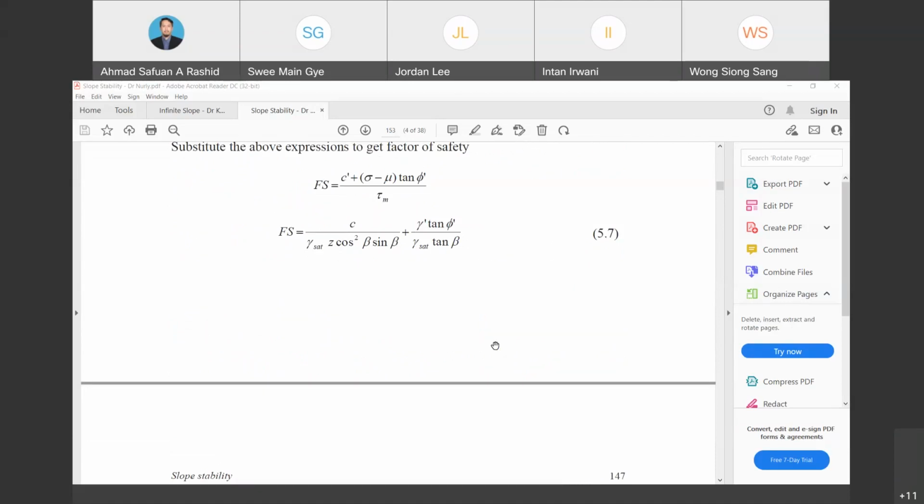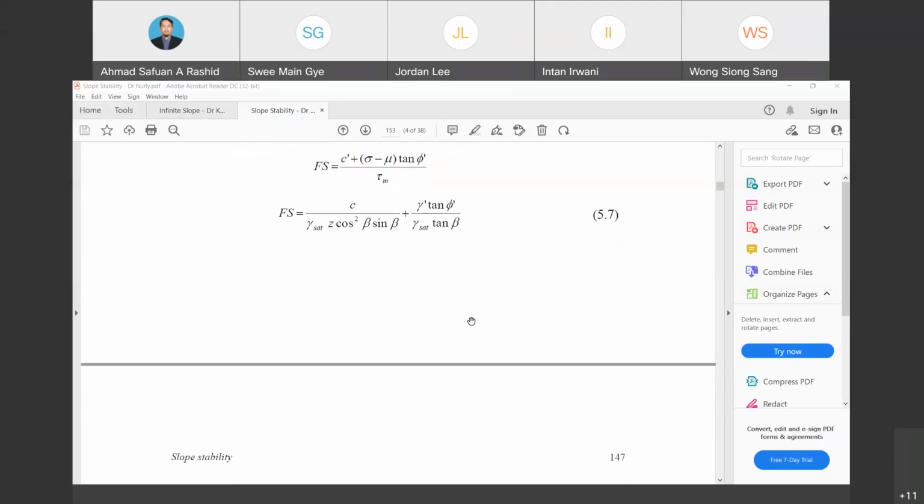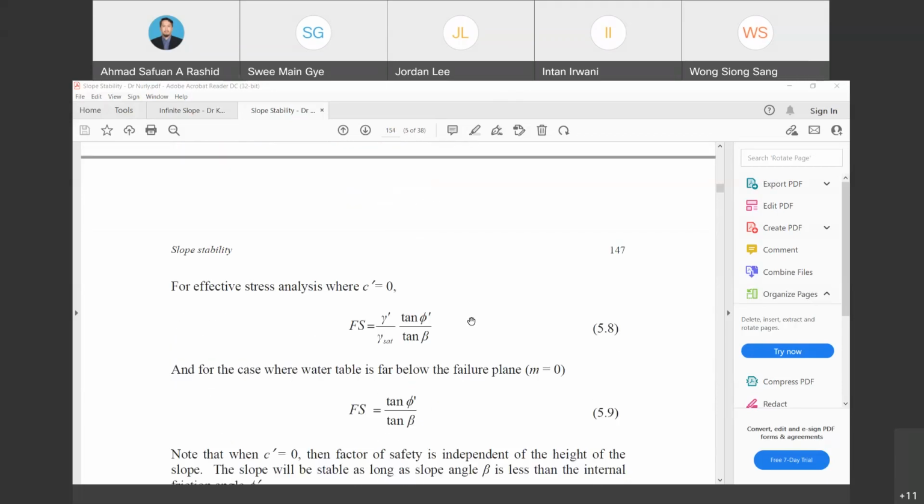For the gamma prime, gamma prime is actually the saturated unit weight minus gamma water. For gamma water you can use 9.81 or 9.8 or 10. Then times tangent phi value, over saturated unit weight times tangent beta. So what is the answer?